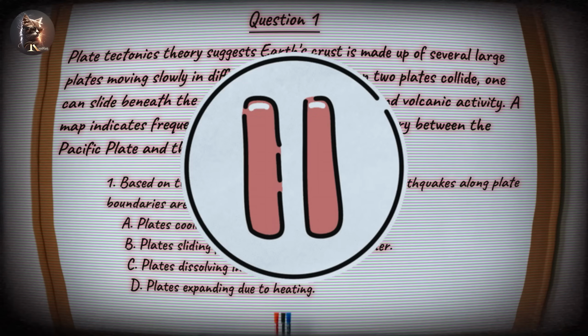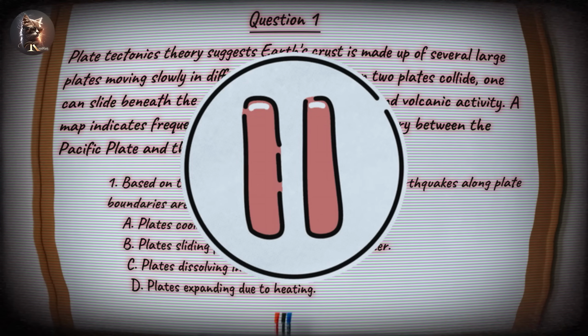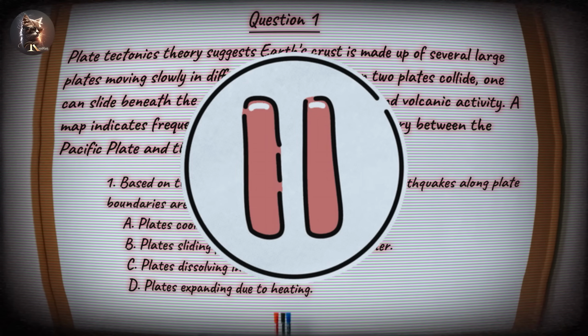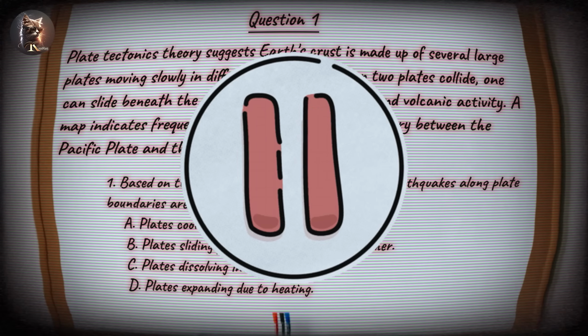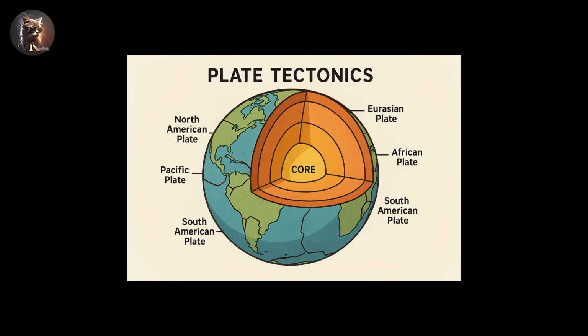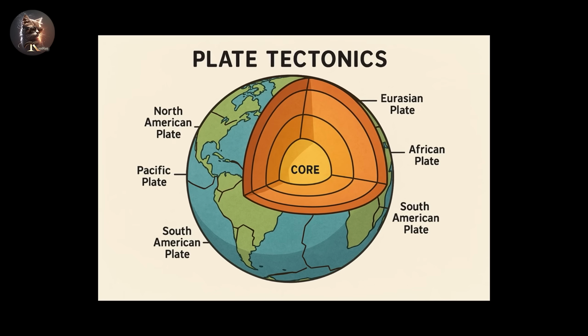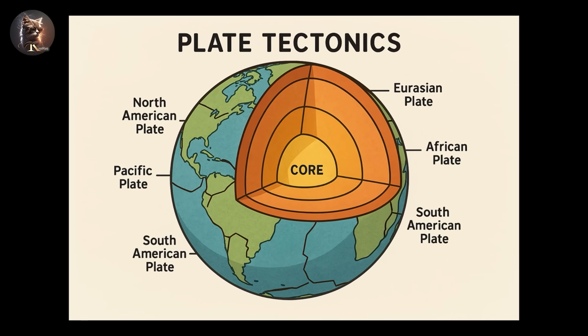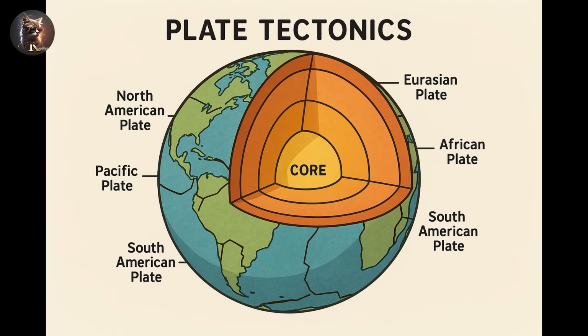Pause here for a moment and think. Based on what we've just discussed about plate tectonics, what do you think causes earthquakes to occur along plate boundaries? Remember, plate tectonics theory tells us that Earth's crust isn't one solid shell. It's broken into huge pieces called plates that move slowly in different directions. When these giant plates meet, they sometimes collide or slide past each other.